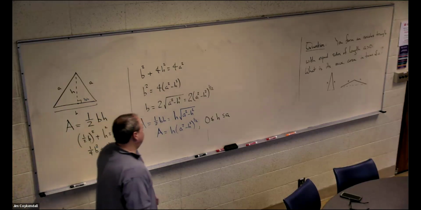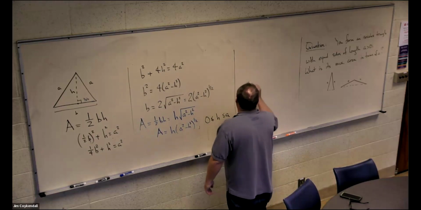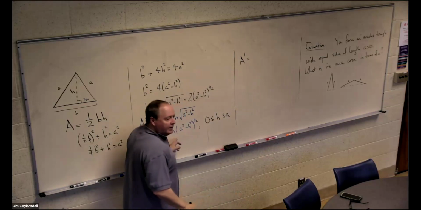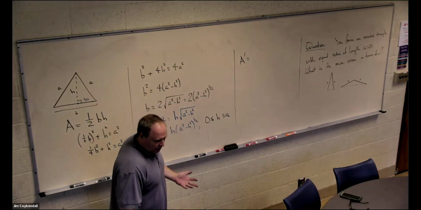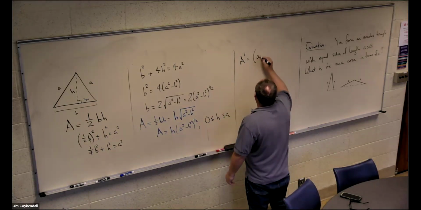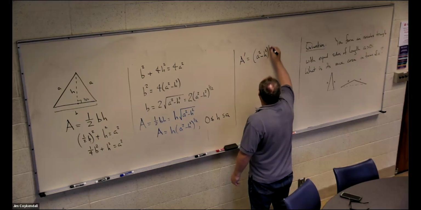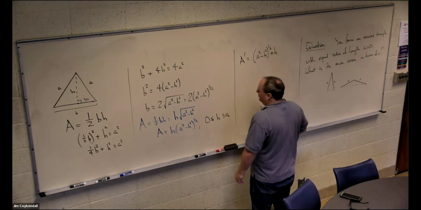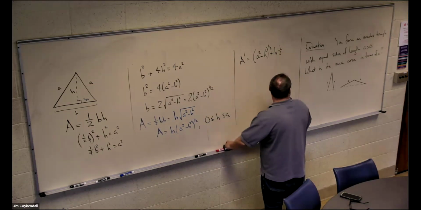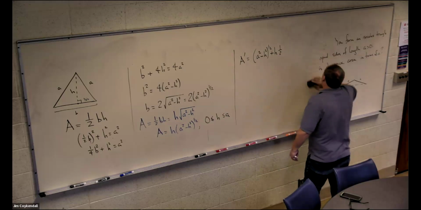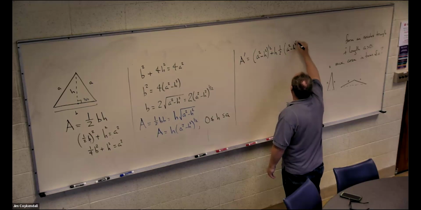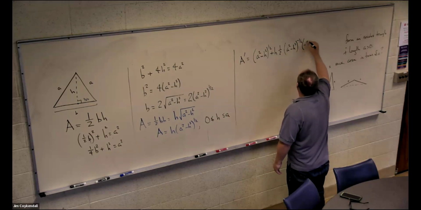Now, let's take a derivative. Remember, our variable here is H. You've got to do a product rule, don't we? So this is going to be 1 times (A squared minus H squared) to the 1/2, plus H times 1/2 (A squared minus H squared) to the minus 1/2 times minus 2H.